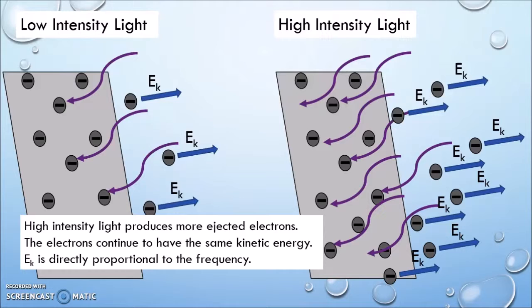The kinetic energy is directly proportional to the frequency of the light or the wavelength of the light. It is not proportional to the intensity of the light. So the intensity of the light just determines how many electrons are given off per second.